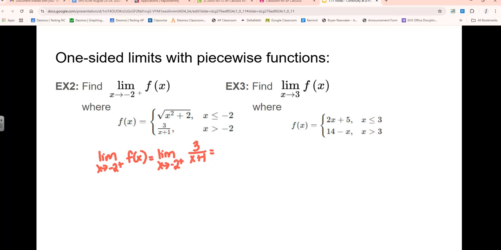This kind of looks like a discontinuity sort of problem, but x is approaching -2. So what do I do to solve this? Just plug it in. It's a direct substitution problem. So 3 over -2 plus 1 is going to give us 3 over -1, which is -3.